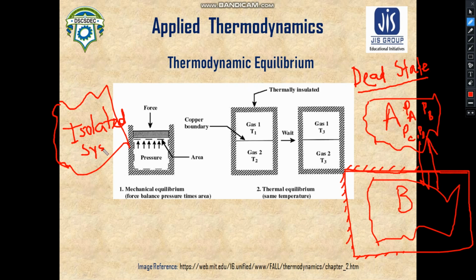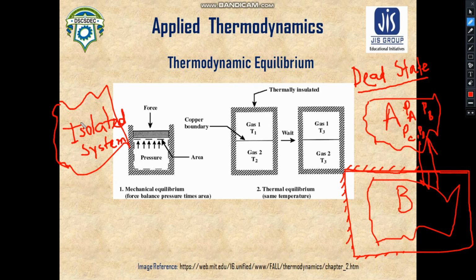and I am just mentioning why it has to be an isolated system. If a system doesn't permit any kind of energy interactions, the isolated system is the only example where no energy transfer or mass transfer is allowed.